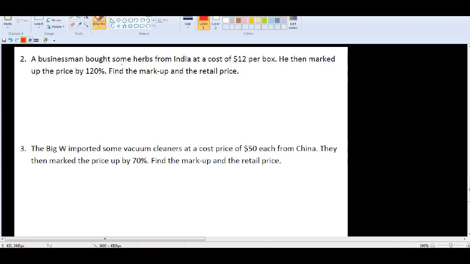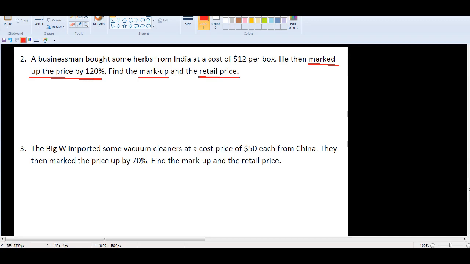So how could he make a profit? He must sell it at a higher price. That would be the retail price. So he needs to mark up the price by a certain percentage. For example, he needs to mark up the price by 120%.